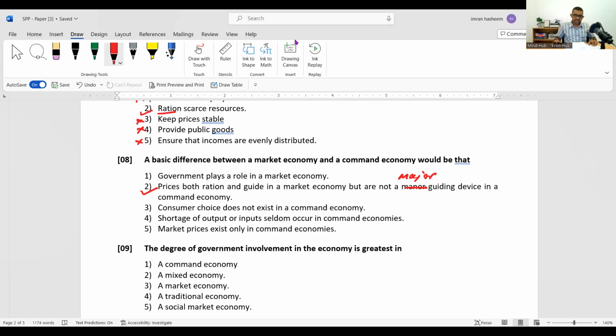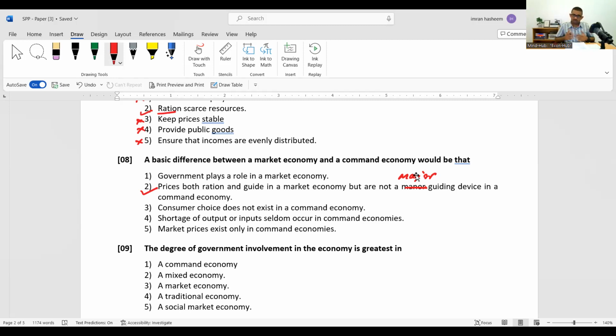Price is there in a command economy. That is also important to understand. The difference is that in a command economy, price is decided by the government. In a market economy, prices are decided based on demand and supply. But price does exist even in a command economy.